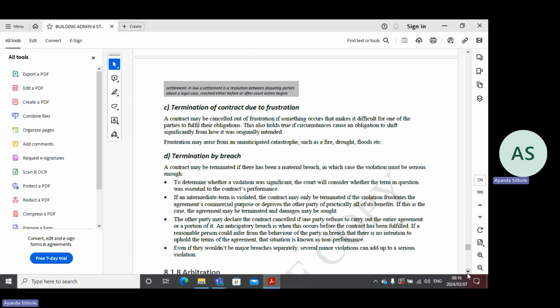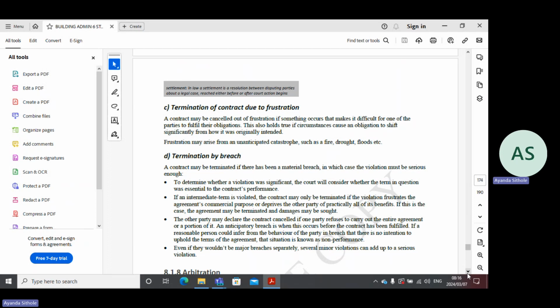Termination by breach is whereby a contract may be terminated if there has been a material breach, in which case the violation must be serious enough. To determine whether a violation was significant, the courts will consider whether the term in question was essential to the contract settlement.